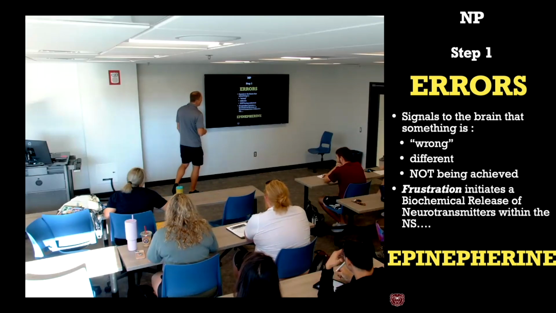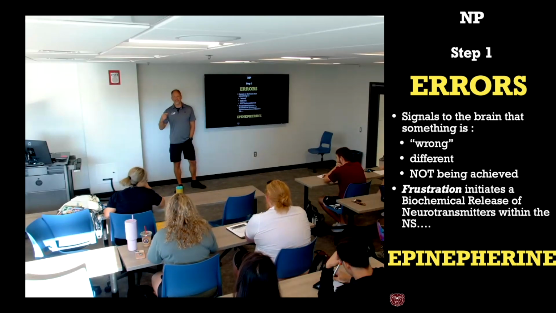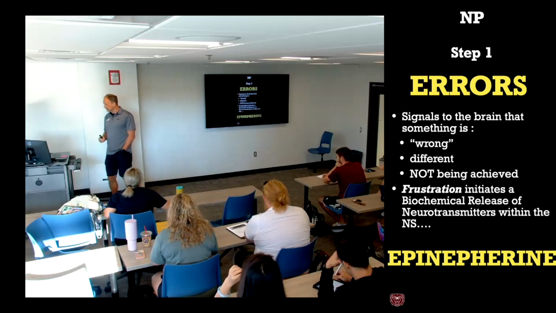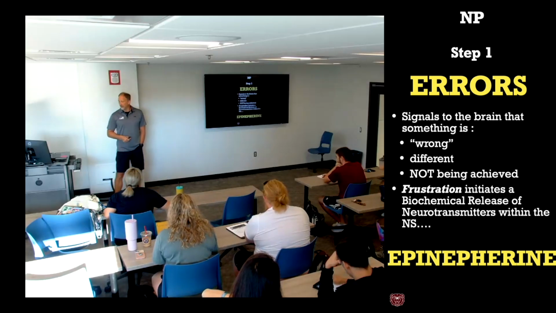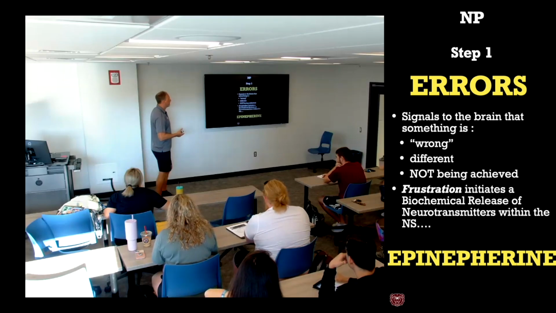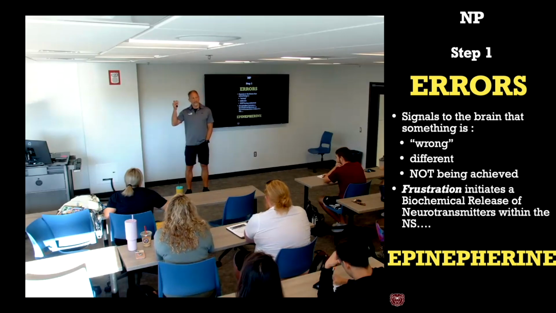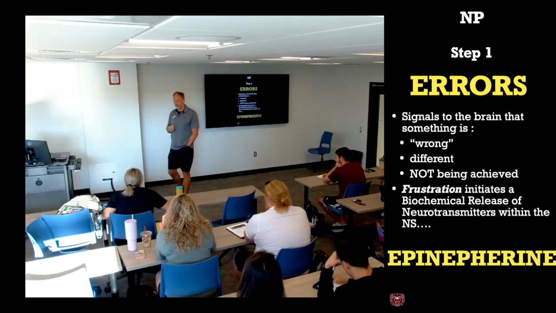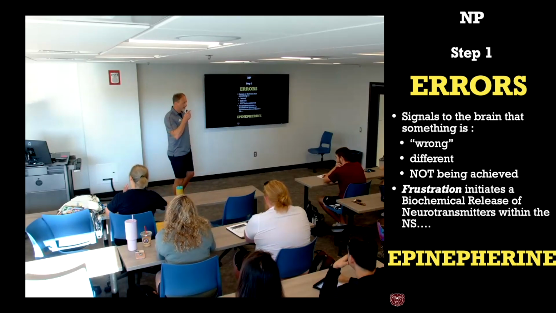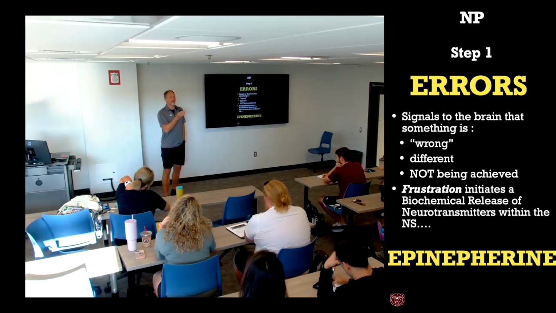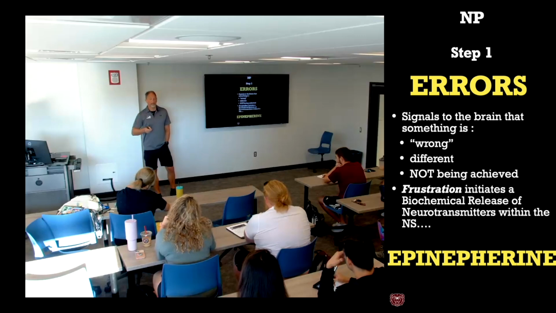So we have to have some frustration to give us that epinephrine release, to give us that norepinephrine release. Because that error is what's going to initiate the chemical release of modulators within the nervous system that both begins the process of neuroplasticity, but then also completes the process of neuroplasticity.